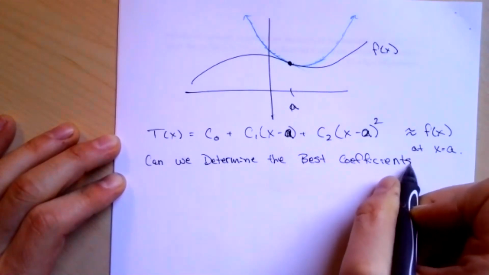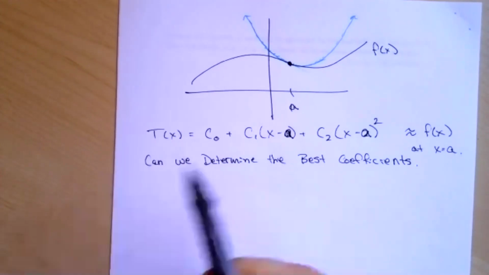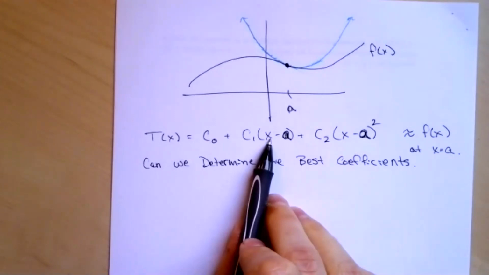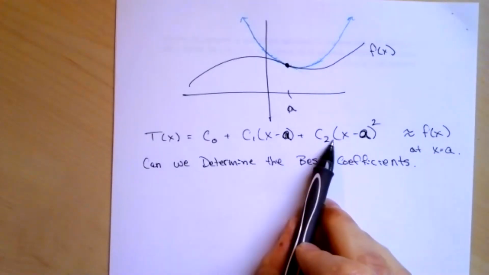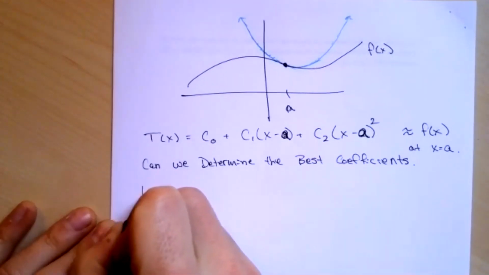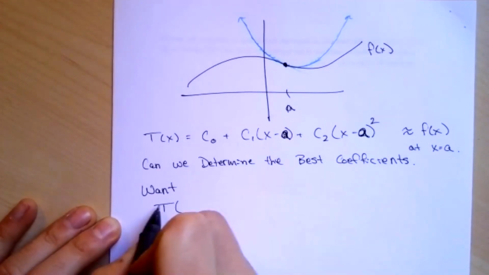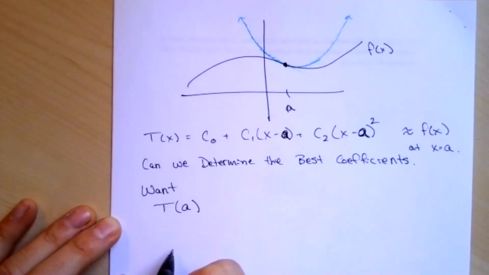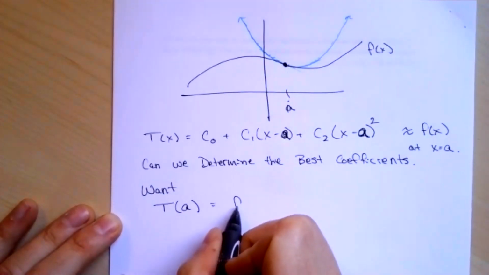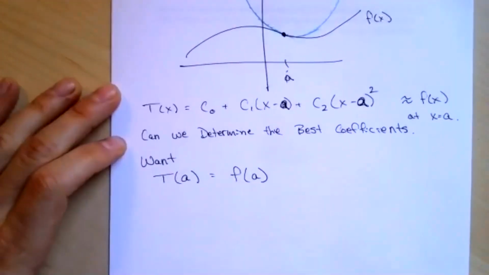All we've done so far is set up a generic degree 2 polynomial, specifically centered at x equals a. So we know at least now if I plug in a, we get a constant. So we want this polynomial at the point a. Well, at the point a, it should be equal to the value of the function. And what does that tell us?